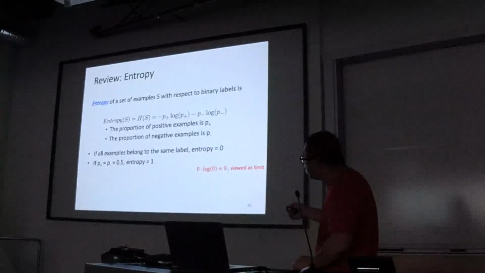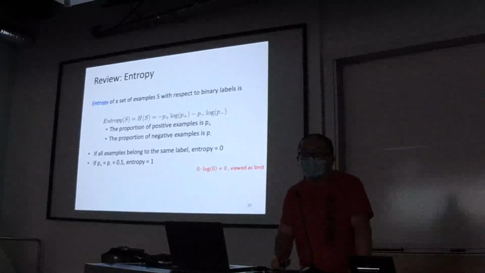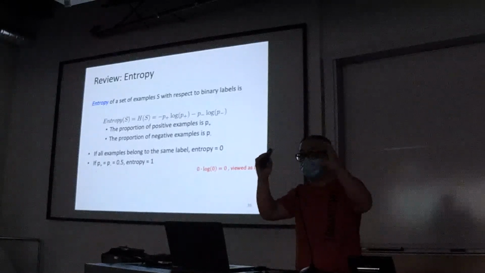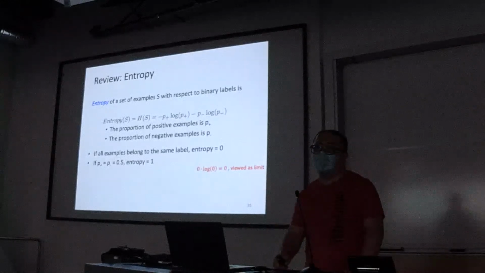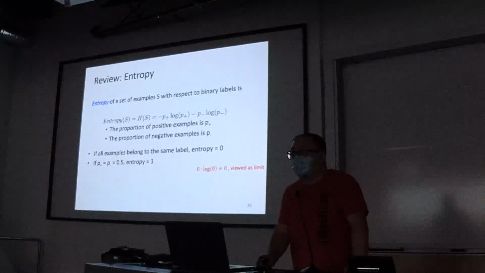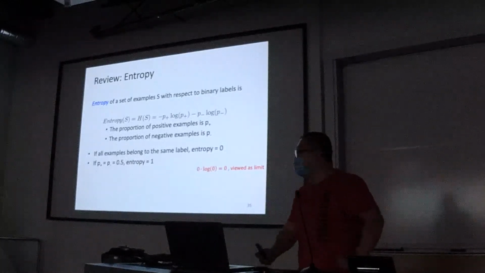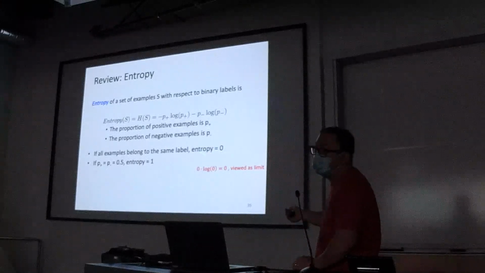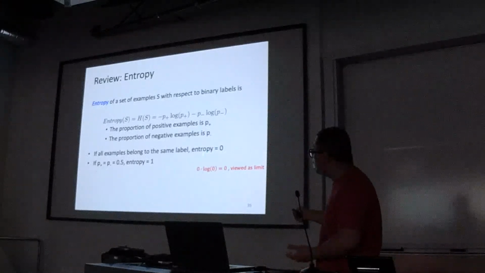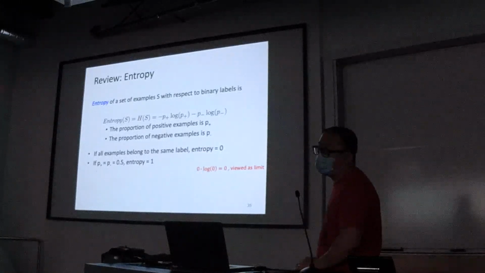And when all the examples belong to the same label, the set reaches the maximum purity. In terms of labels, all the labels are the same, so of course they are the most pure. At the same time, your entropy, which represents the uncertainty about labels, is the smallest, which is 0.